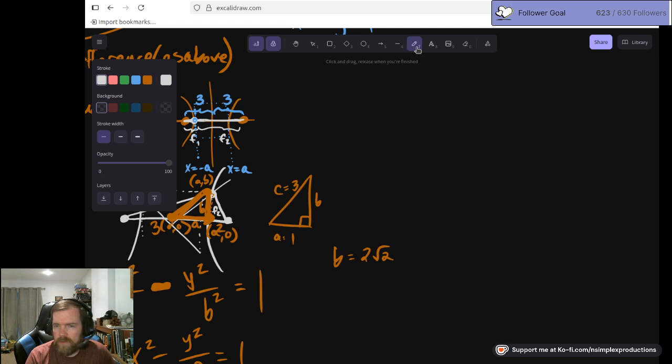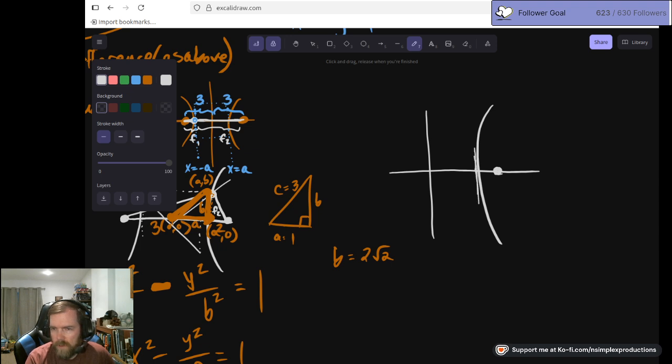Alright, why is that true? Why is it true that the focus is going to go through this point here? Wait. Not that point there.